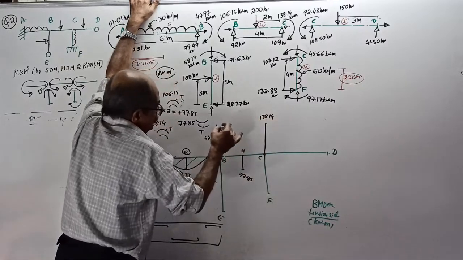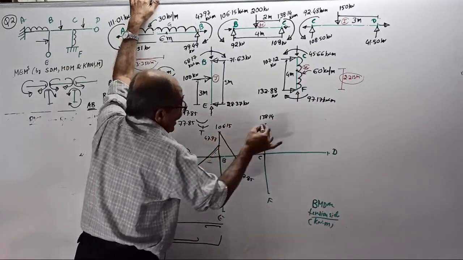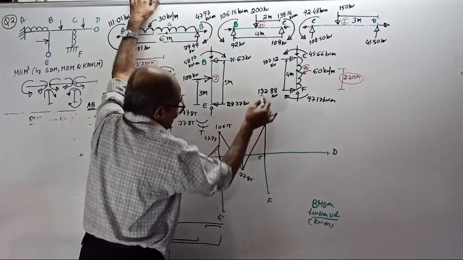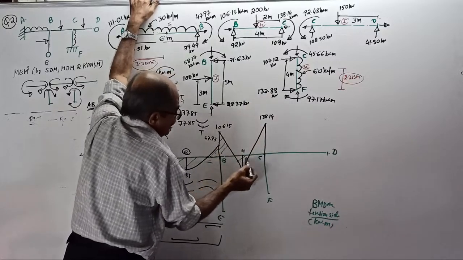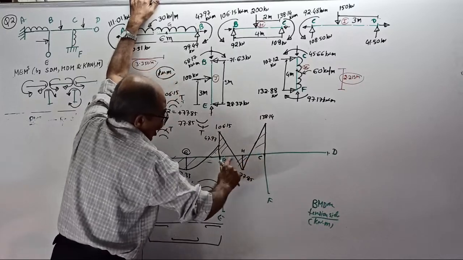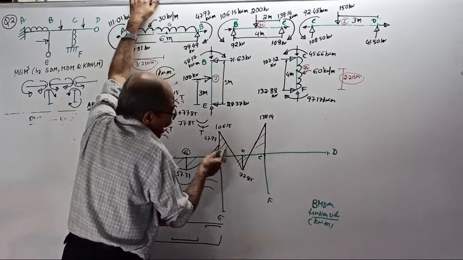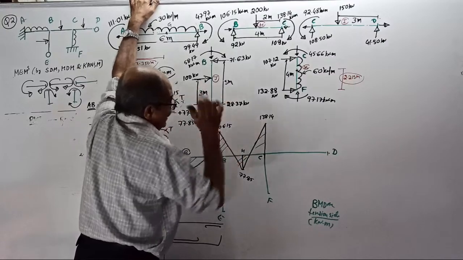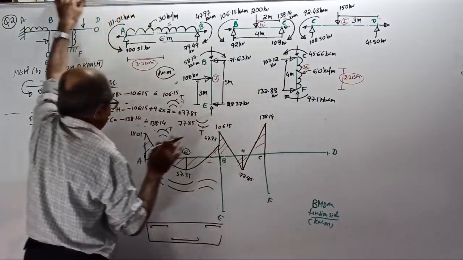So join by a straight line, because between the points there is no loading. BMD means hog, sag, hog: top steel, bottom steel, top steel. Okay. No plus minus. Okay, next.